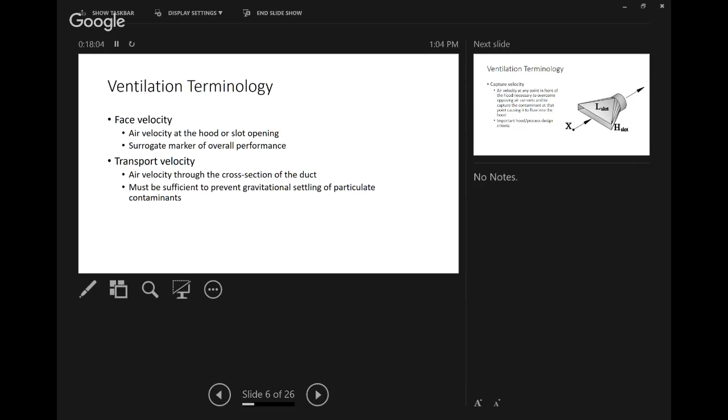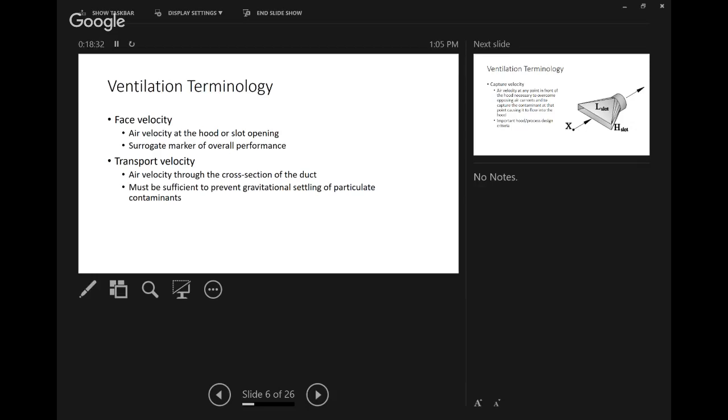Then the other type we'll talk about, though you won't really use it outside of this lecture, is transport velocity. That is the velocity required to maintain the contaminants in the airstream. So let's say someone's sawing wood, and we have a local exhaust ventilation system capturing the sawdust as it comes off.